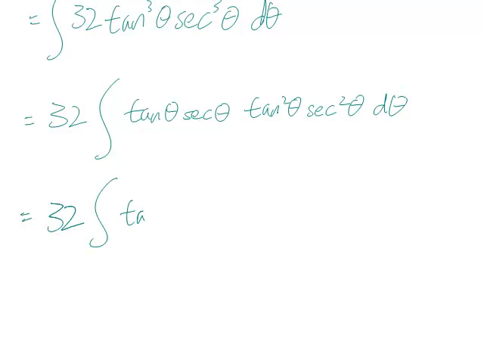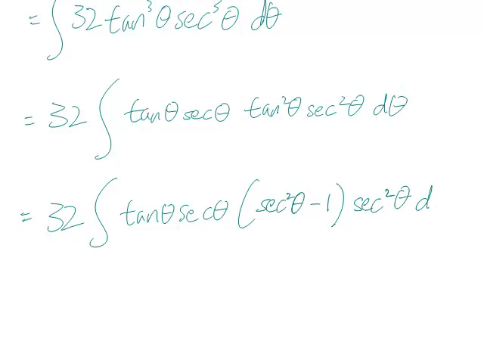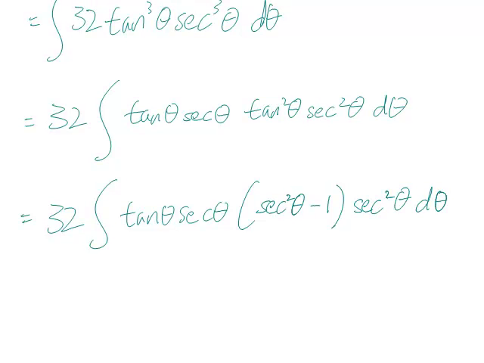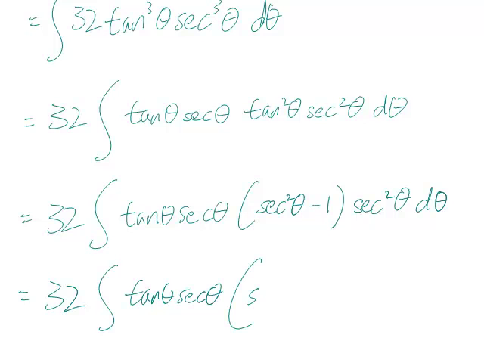So this is going to be tangent secant times (secant squared minus 1) times secant squared d theta. And so this is 32 times the integral of tangent theta secant theta times (secant to the 4th theta minus secant squared theta) d theta.